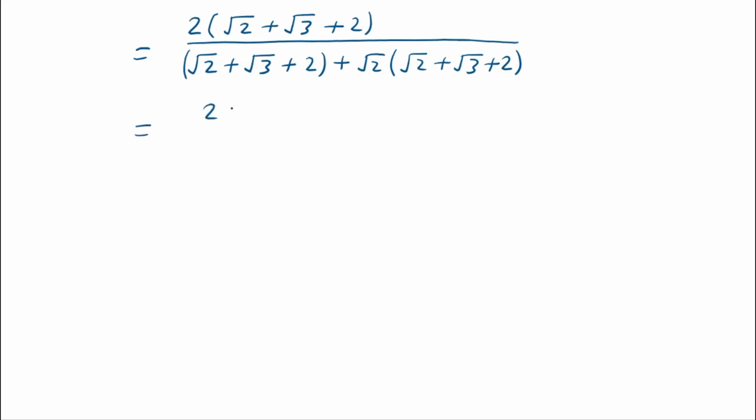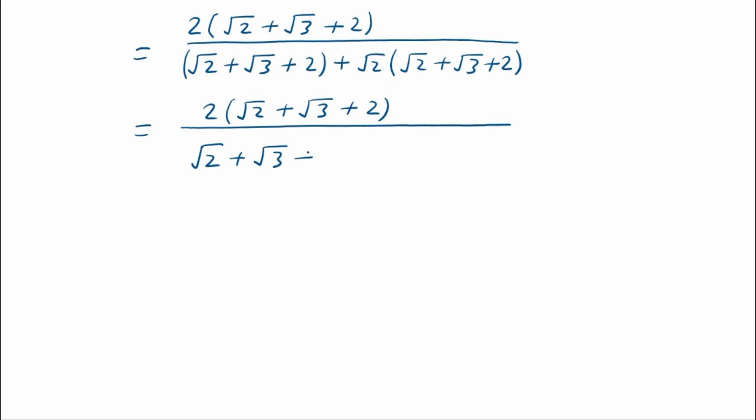In the numerator 2 times square root of 2 plus square root of 3 plus 2, and divide by, here square root of 2 plus square root of 3 plus 2 is a common factor. If we take it common, then you will get here 1 plus square root of 2.